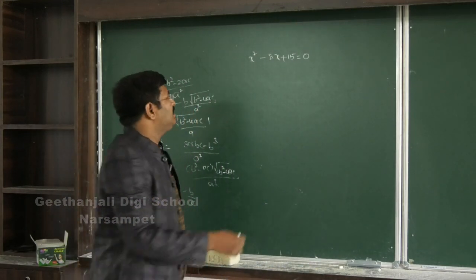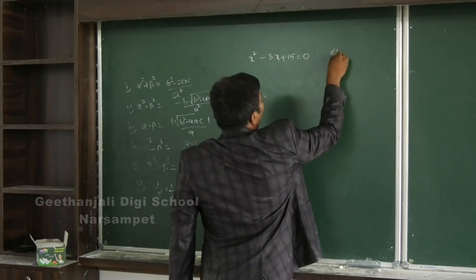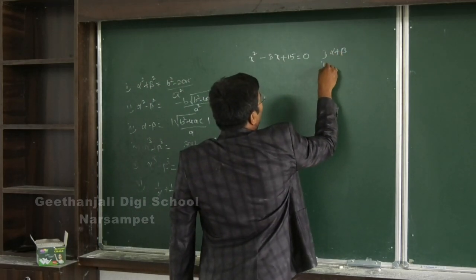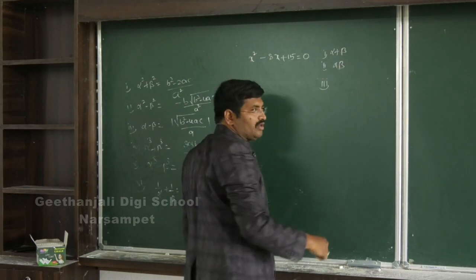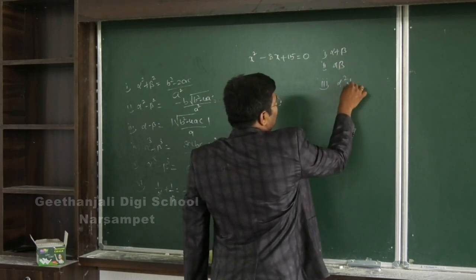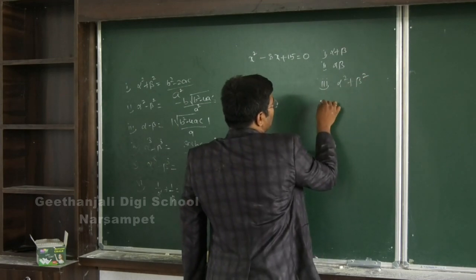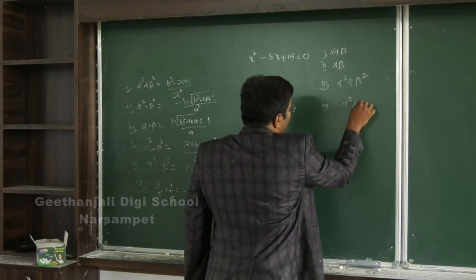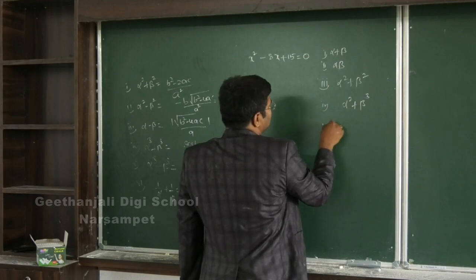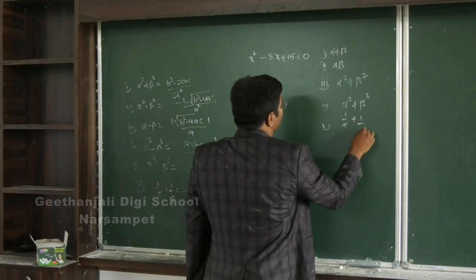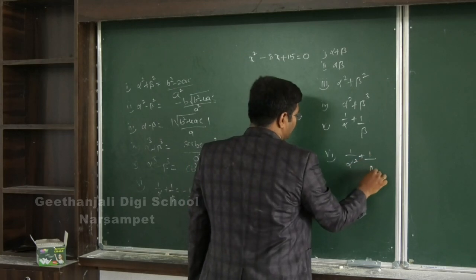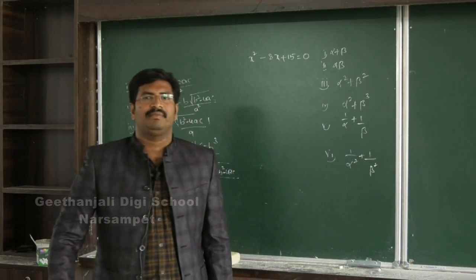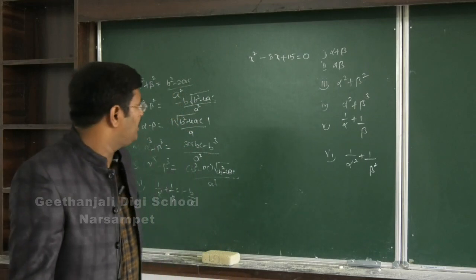Then find the value of alpha plus beta, alpha beta, that means the sum of the roots and product of the roots, alpha square plus beta square, then alpha cube plus beta cube, next 1 by alpha plus 1 by beta, next 1 by alpha square plus 1 by beta square.